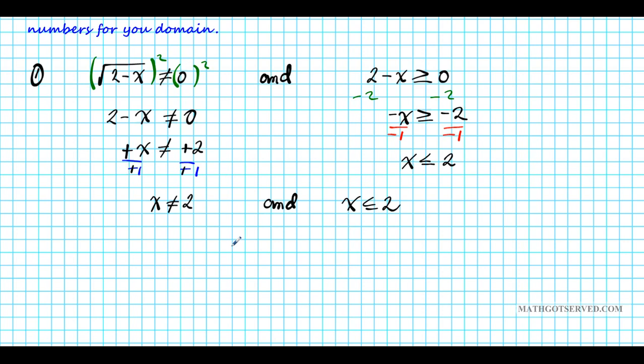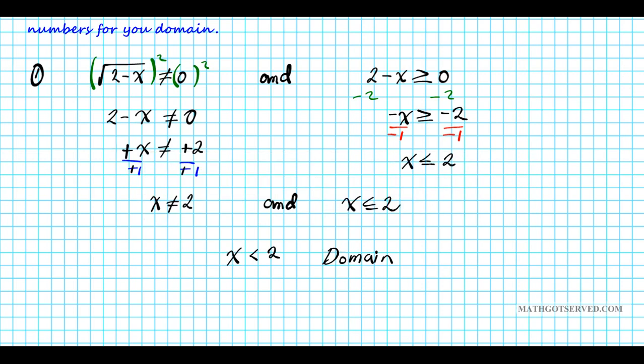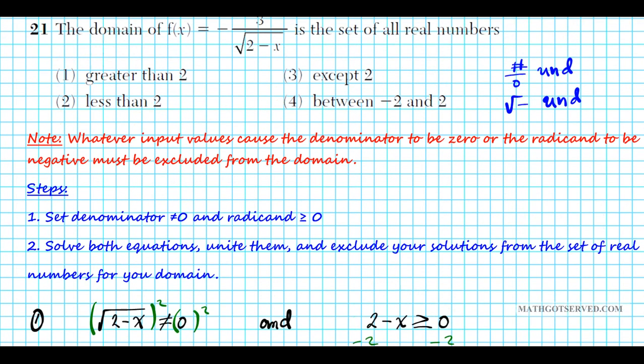So if we unite these two, we're going to have x is less than 2. That is our domain. So the answer is option number 2.